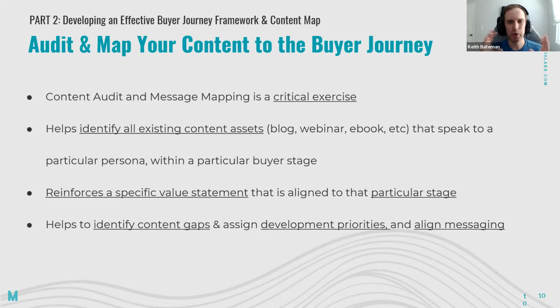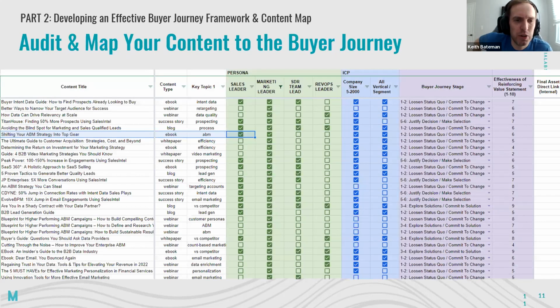And then once we have all that together, like I said, we start filling in the gaps and we start baking that into our campaigns, and then we'll talk at the end about how we intertwine that with our data. So this is an example of what one of those audit and mapping processes can look like.